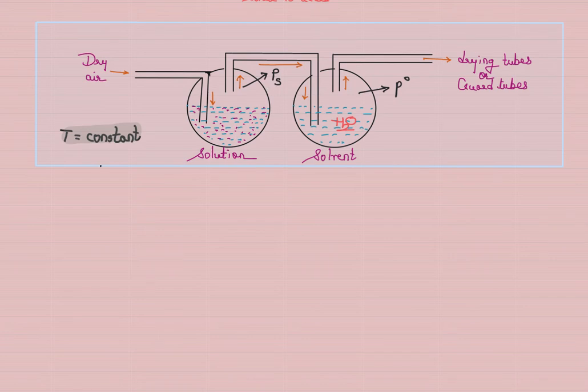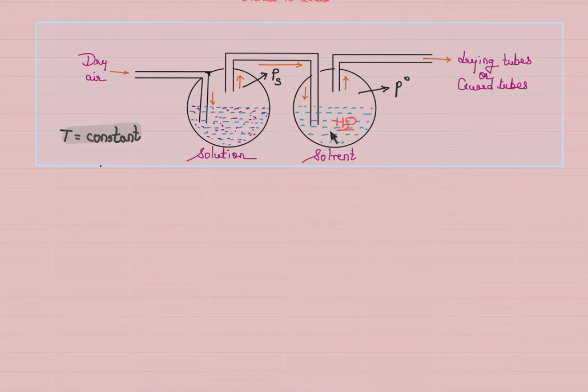In the same way, suppose we had only this bulb, and dry air had been passed through it, it would have carried water vapors, and therefore the weight of this bulb would have decreased.